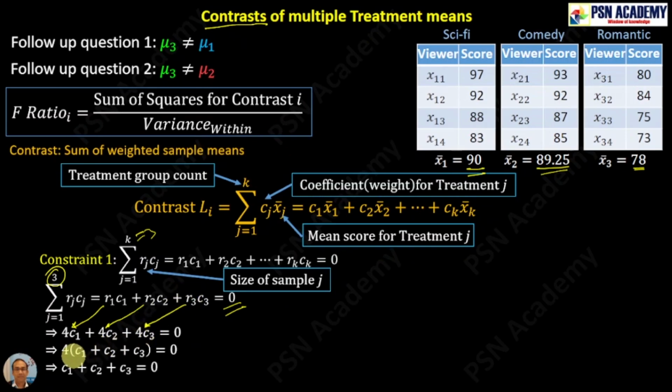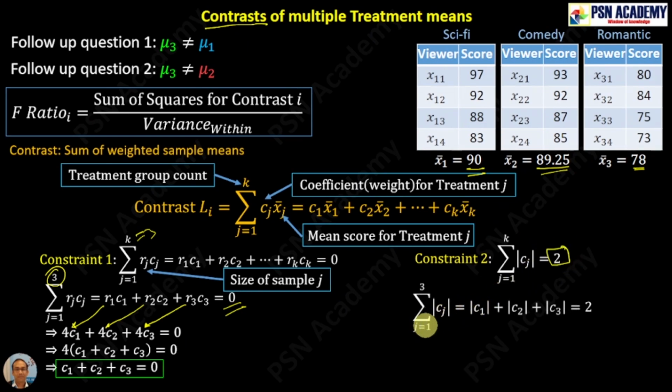Now you take 4 common, and inside you get C1 plus C2 plus C3, and this should be equal to 0. So you take values of C1, C2 and C3 which, when added, give you 0. Now we go for constraint 2. Constraint 2 says that the absolute values of Cj, when added, will give you 2.